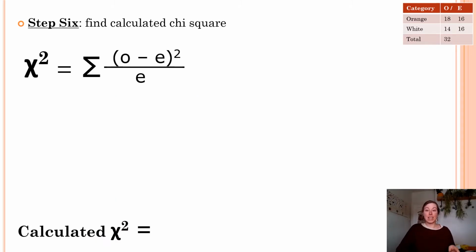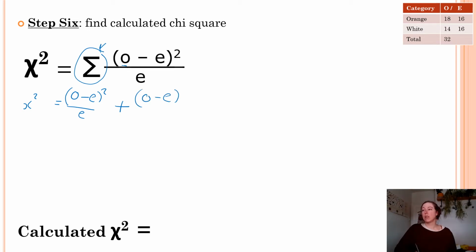Step 6, find calculated chi-squared. So how we do this is chi-squared equals the sum of. So we're going to take this part of the formula and add it to itself. So observed minus expected squared over expected plus, that's what the sum of means, observed minus expected squared over expected. How many times do we add it to itself?